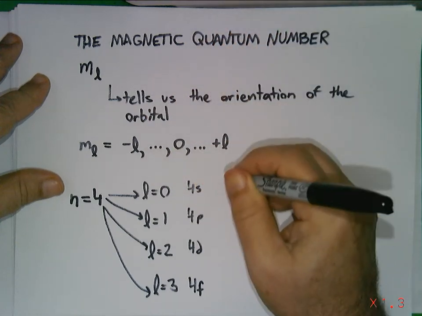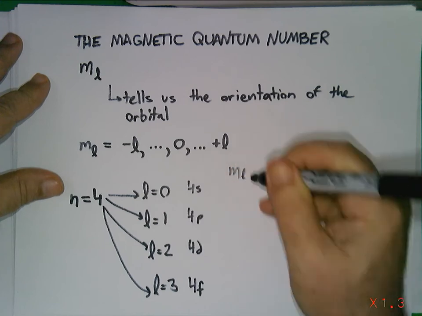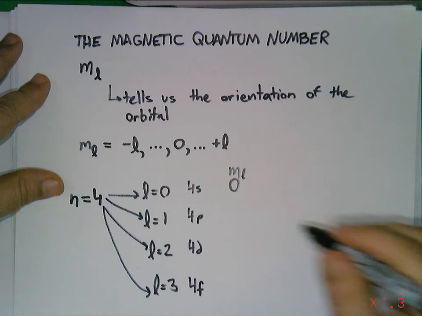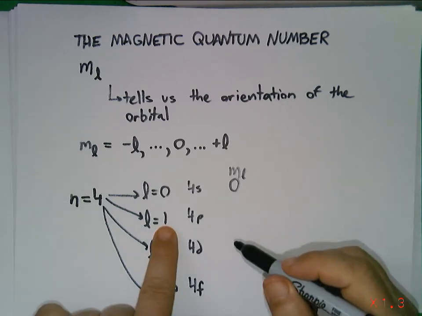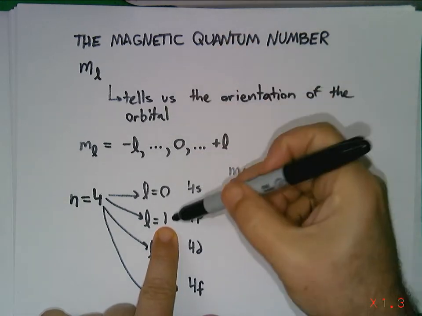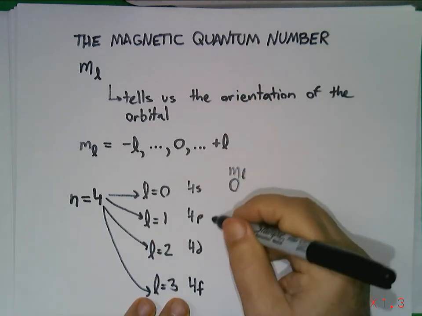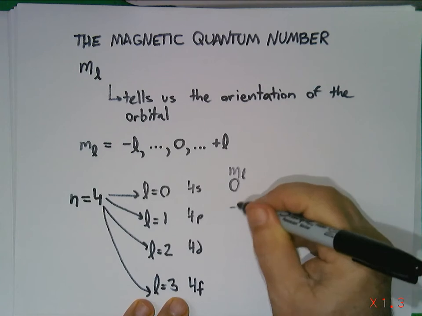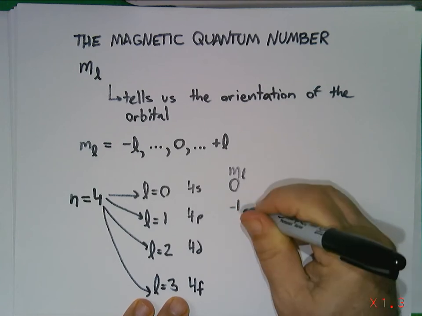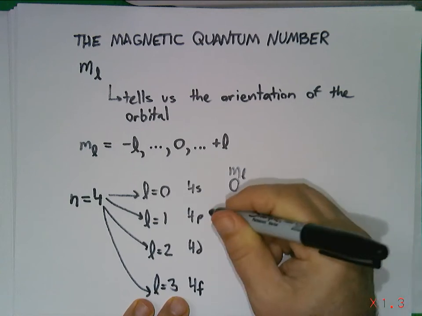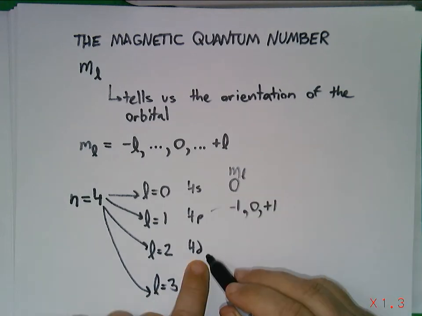Now the m sub L values that you can have are minus 0 to 0 to plus 0 for this one. So the only m sub L value that you're allowed to have for this one is just 0. How about this one? You can go from minus 1 to 0 to plus 1. So there are 3 possible m sub L values for this one. How about this one?